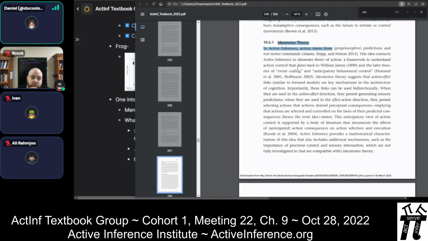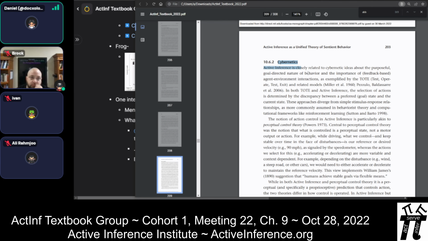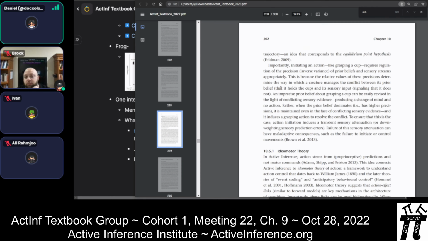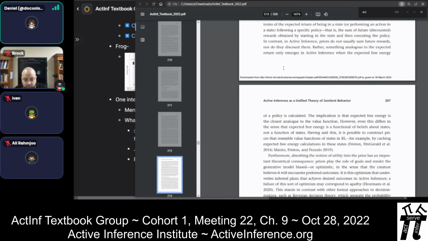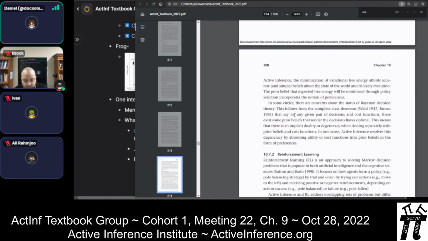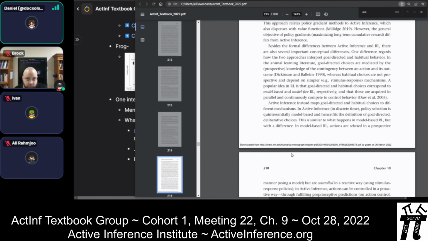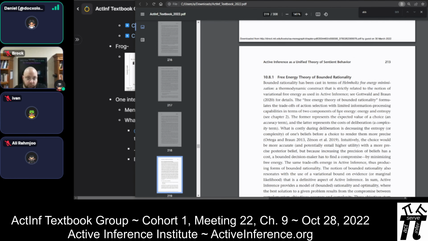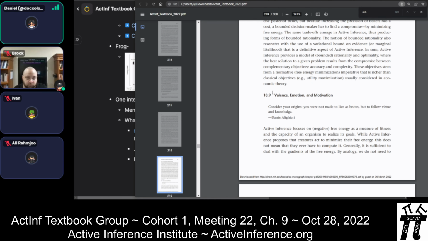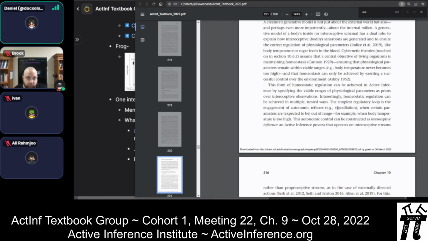Ideomotor theory, cybernetics, some other ontologies that are easily functionally equated with parts of ActInf. Ideomotor theory, cybernetics, optimal control theory, utility decision making, Bayesian decision, reinforcement learning, planning as inference, behavior and bounded rationality, and then specifically what free energy brings into bounded rationality: valence, emotion, and motivation.